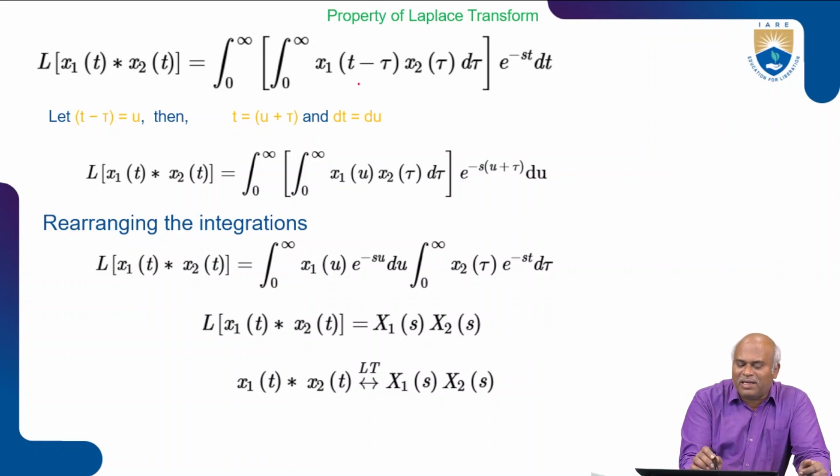Now I take t minus tau equal to u. Then t is equal to u plus tau and dt is equal to du. Okay.